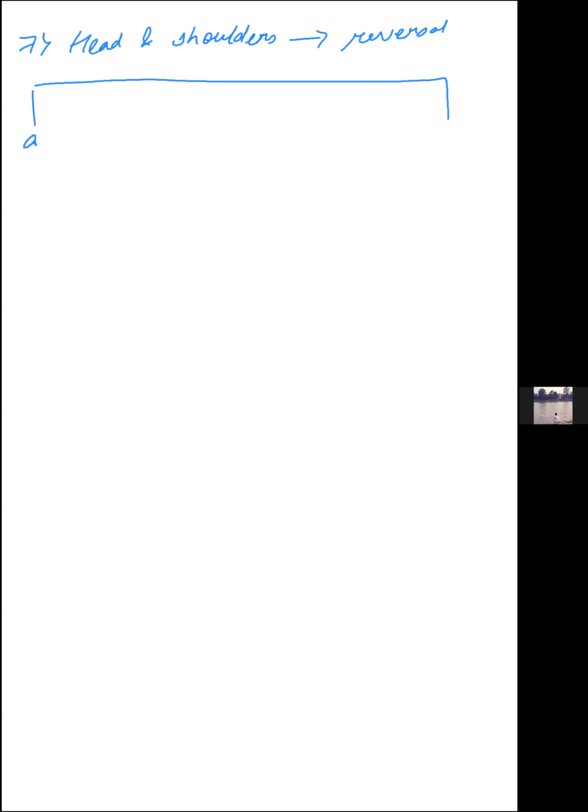One is actual or normal, whatever you call it, and the other one is inverse. So a normal head and shoulders looks like this. How it is acting as a reversal pattern, just look.